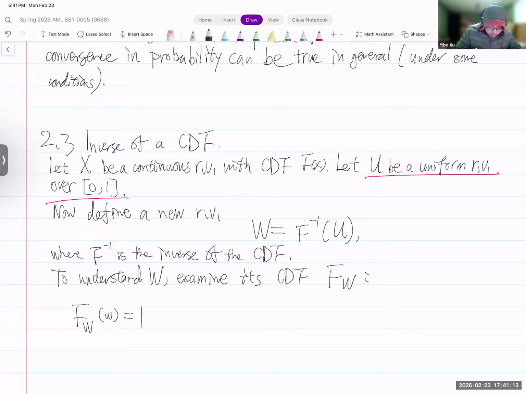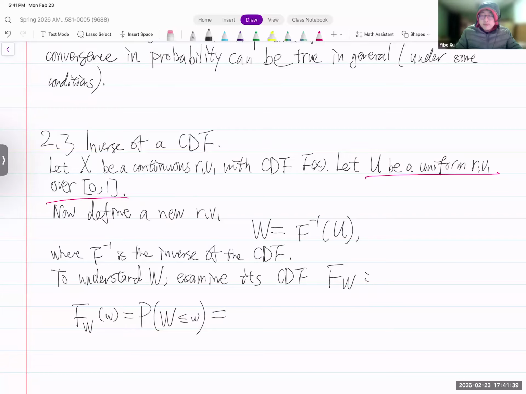So cap F sub W of little w equals the probability, just by definition, that the random variable cap W is at most the input little w. That's my upper bound for the event within the probability. If that's clear, we do the substitution.